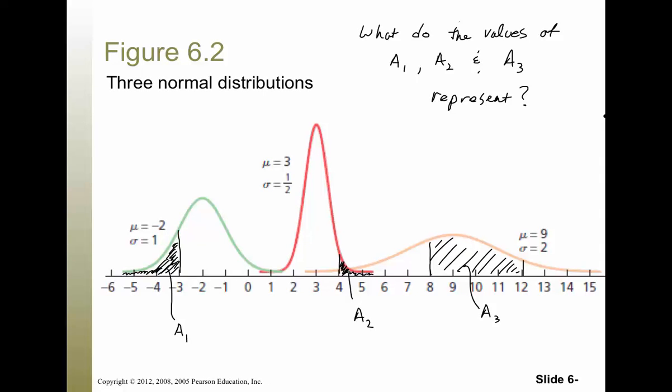Be as specific as you can. So that area is a number, right? That area right there is a number. What does that number represent or mean? Same with A3, okay? Talk. Everyone's talking to somebody, okay? Go.